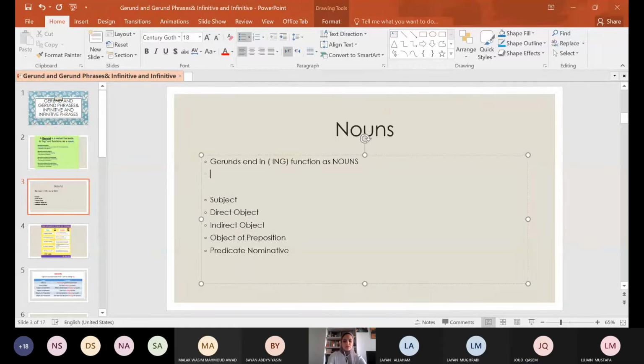Look at this word: dancing. Is it a verbal, teacher? Dance is a verb, and dancing ends in ing. How can I use dancing as a noun in a subject? How can I use it?